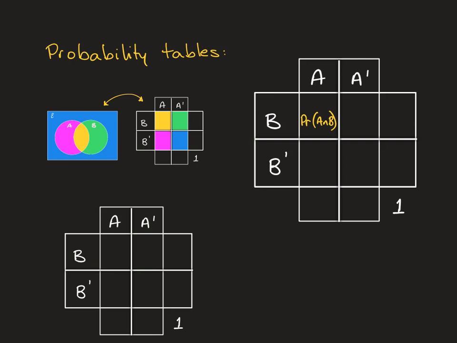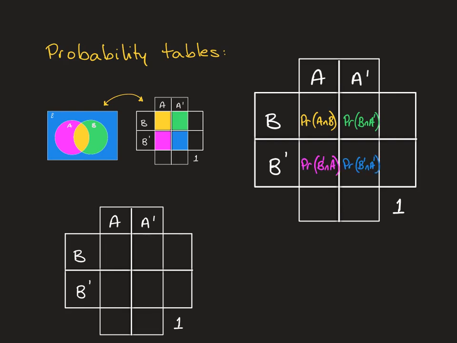The next bit coming across is also B. This time it's intersecting with A naught, and so it's the green section of the Venn diagram, and the same with the others.